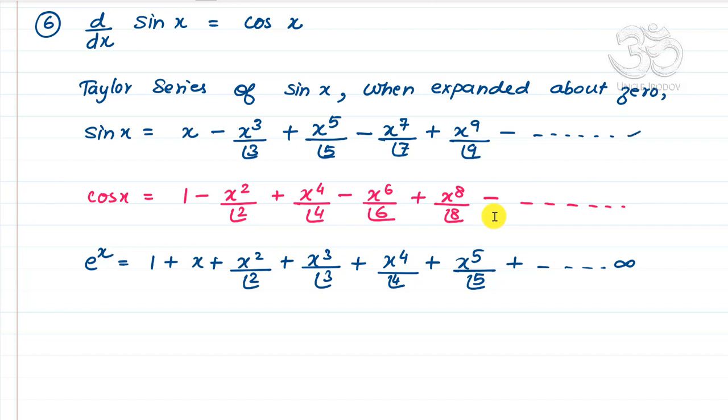Right, the above two series are also up to infinity. So if you just accept that these series are established, then you will easily be able to understand why d by dx of sine x becomes cos x.